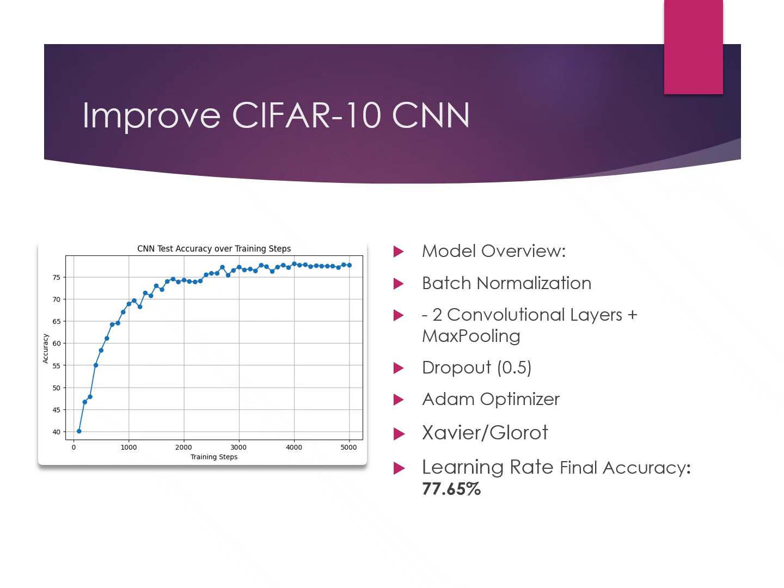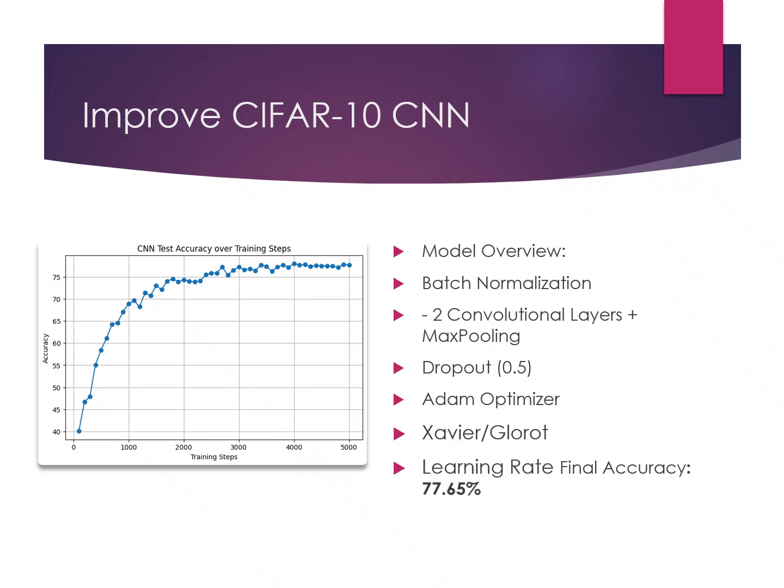Then I also added weight initialization. Instead of the default weight initialization, I used Xavier Glorot to ensure balanced gradient flow across layers. Then the learning rate decay. I implemented exponential learning rate decay to fine-tune convergence in the later stages.